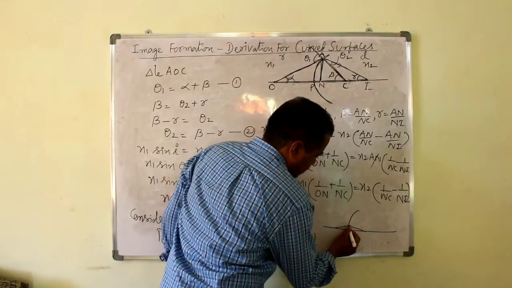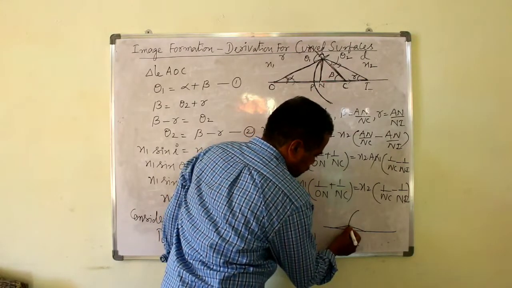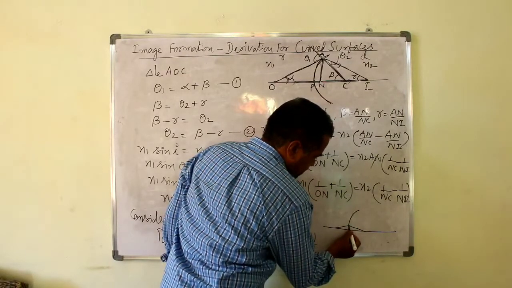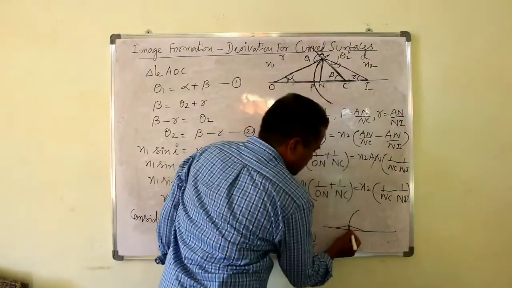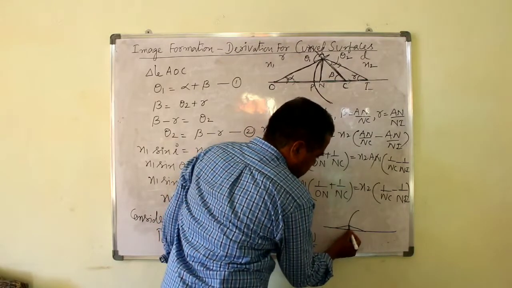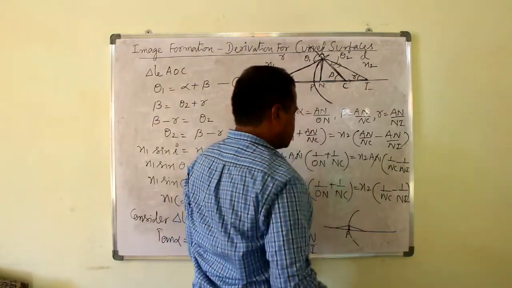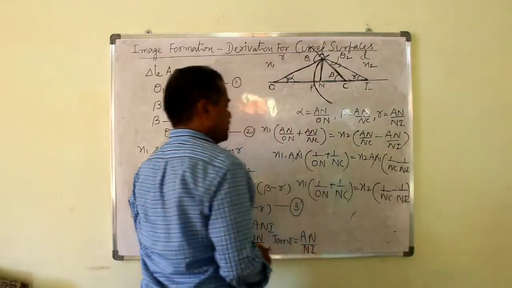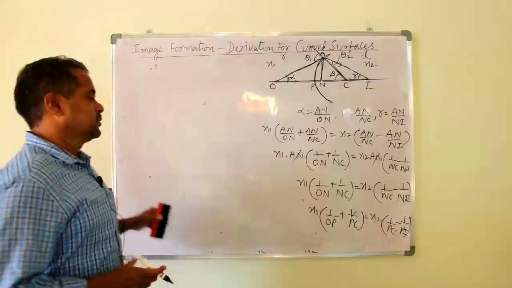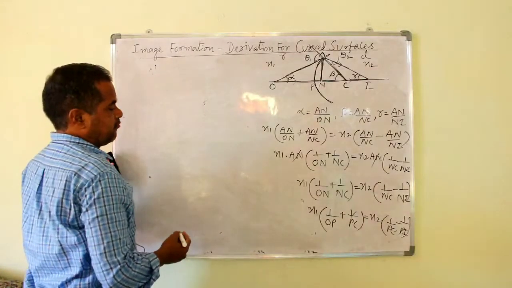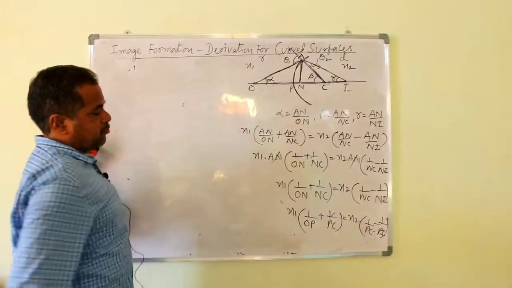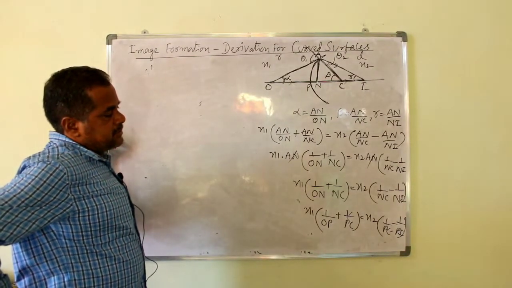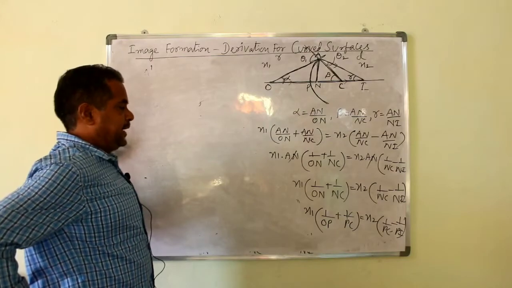If you draw a normal from the point of incidence to the principal axis, this point N must coincide with the optic center, so in the place of N we substitute P. So n1 into (1 by OP plus 1 by PC) is equal to n2 into (1 by PC minus 1 by PI).